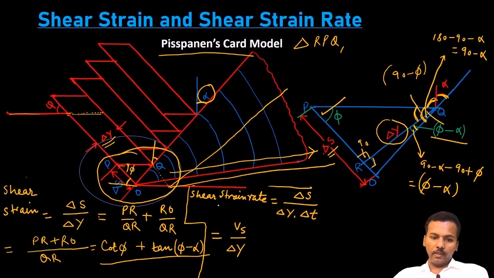So this can be written as 1 upon delta Y into cos phi upon cos of phi minus alpha.